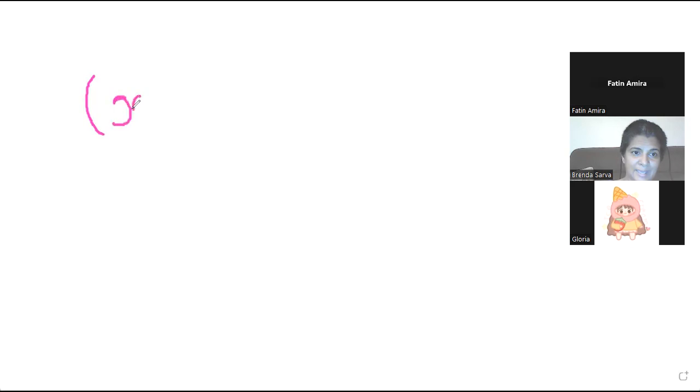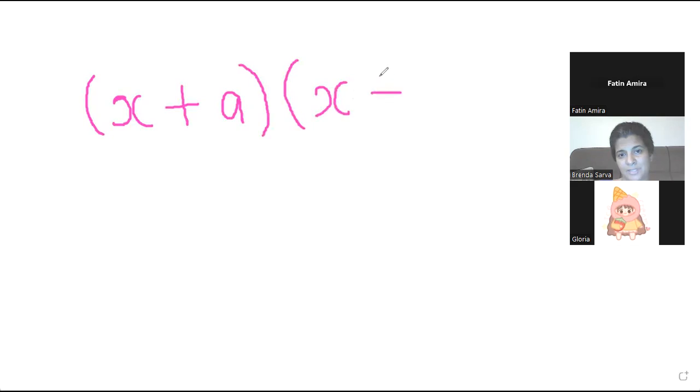We have, for example, x plus a, and then x plus b. Now I want you to expand these two brackets and put your answer in the chat.